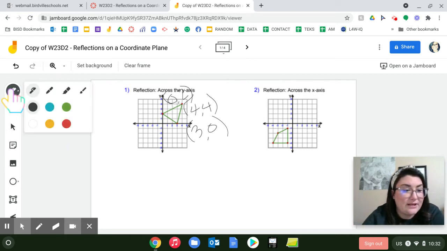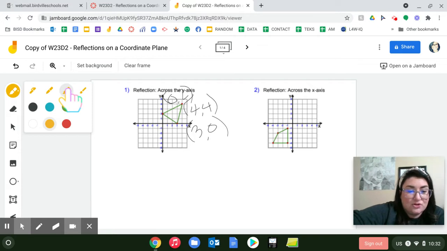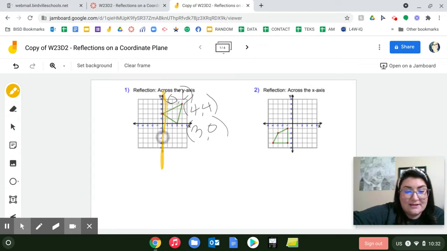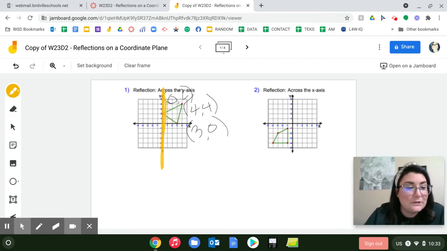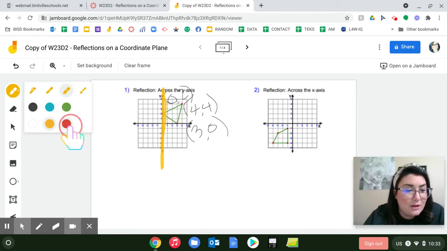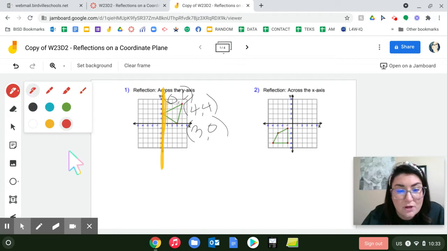I'm going to go ahead and highlight my y-axis just to showcase that that is where my reflection should be. It should go from quadrant 1, flip over into quadrant 2. So let me do the points the same color as they are, red. It really doesn't matter.